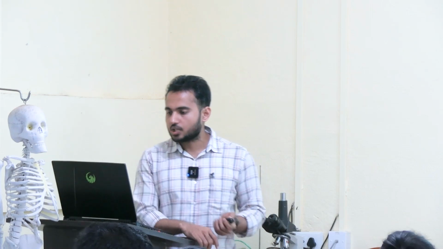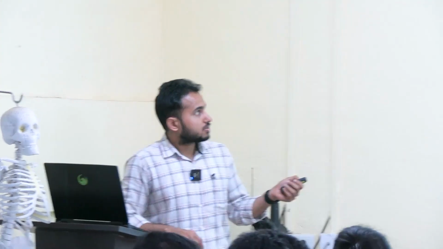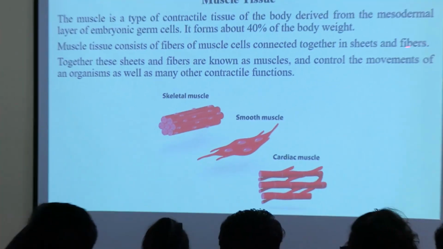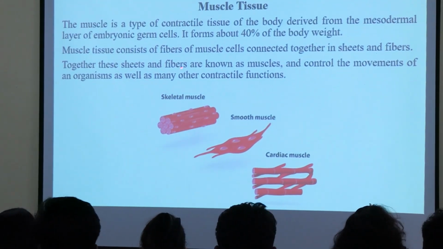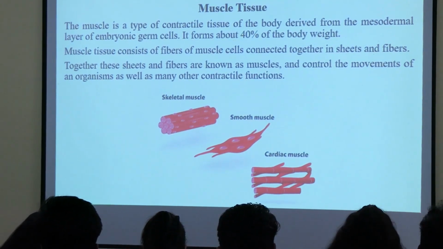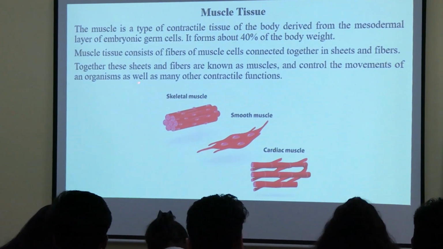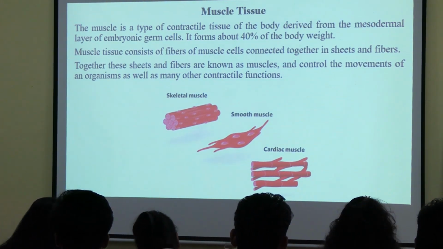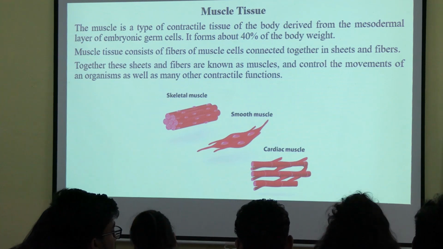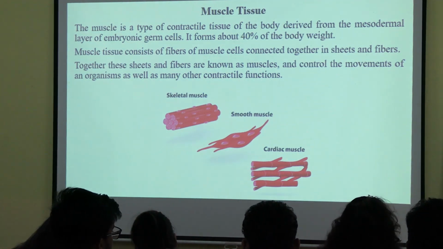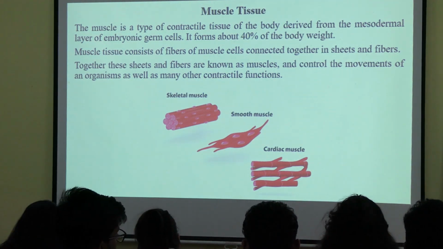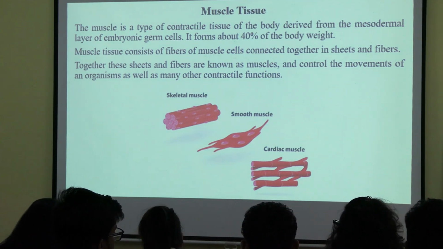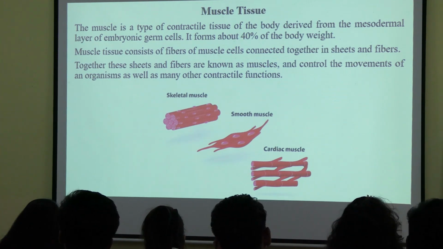Muscle tissue consists of fibers of muscle cells connected together in sheets and fibers. Together these sheets and fibers are known as muscle, and they control the movement of an organism and have a contractile function. Movements don't mean only the locomotion you are doing; other movements are also there, and that is also governed by the muscles present in the body.